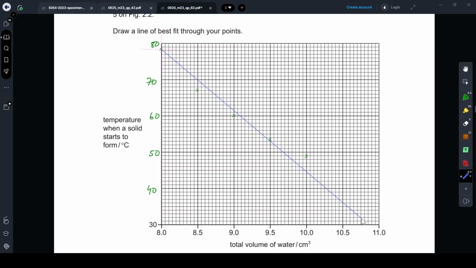I believe this is somewhat a best fit. Depending on how students draw it, they're going to have slightly different results, and whatever they're going to ask us to do next will be slightly different depending on that.